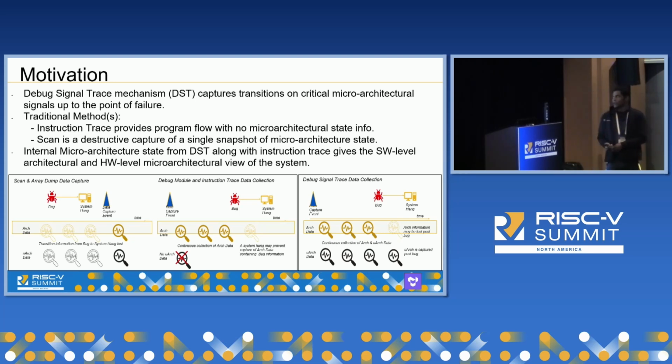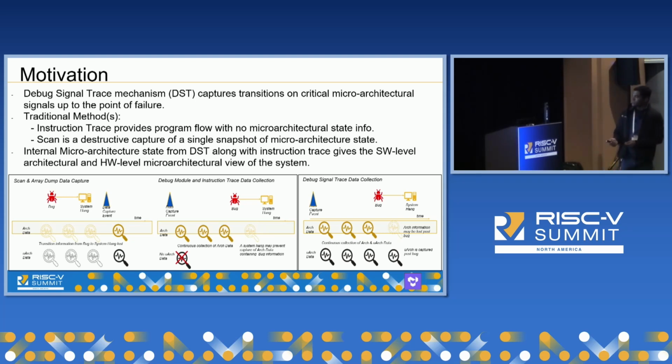For debug, what you want is a continuous capture of your internal microarchitecture state up to the point of fail, and hopefully also correlate the same with software instructions so that you can have a much faster debug. And that's what debug signal trace aims to solve.